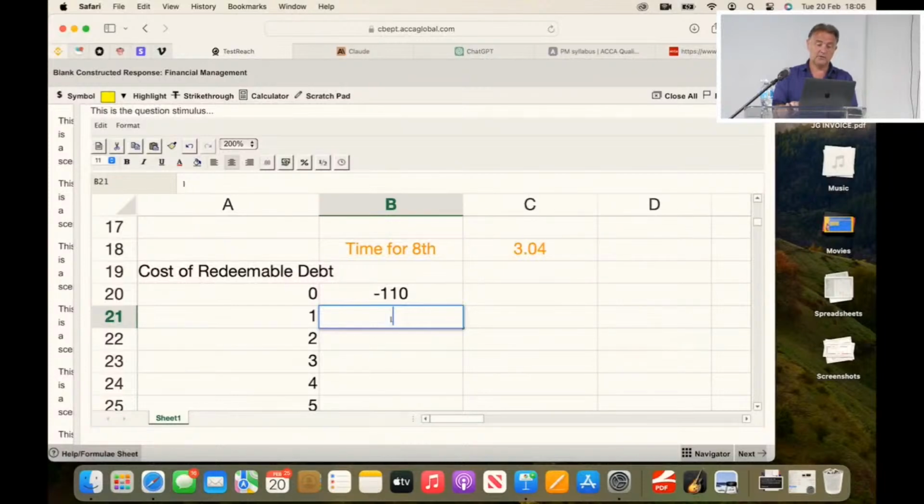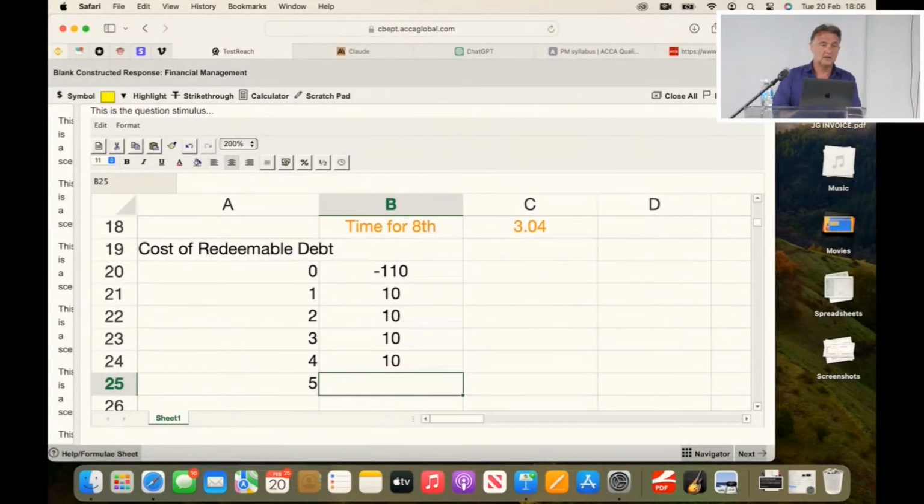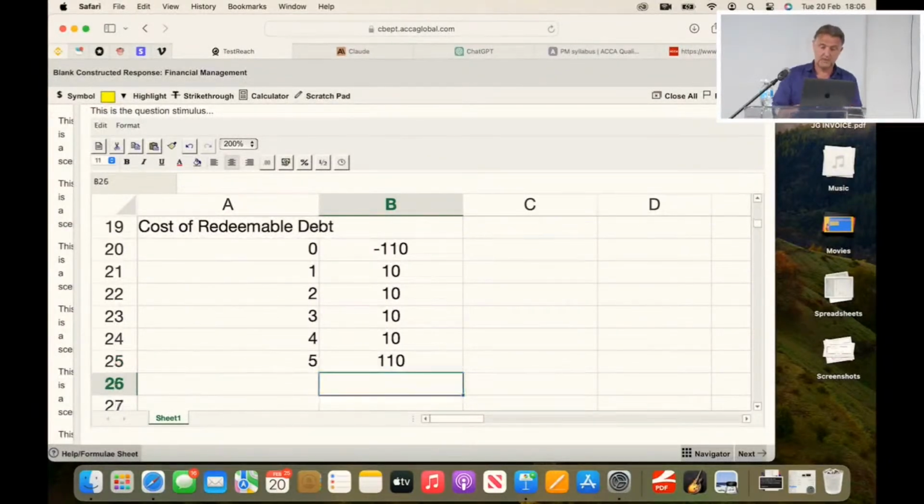What if it was an 8% interest? 8. So 10, 10, 10, 10, 110, if there's no premium on redemption. And then all you do here is equals IRR. We all know IRR. In brackets, what am I going to do now?